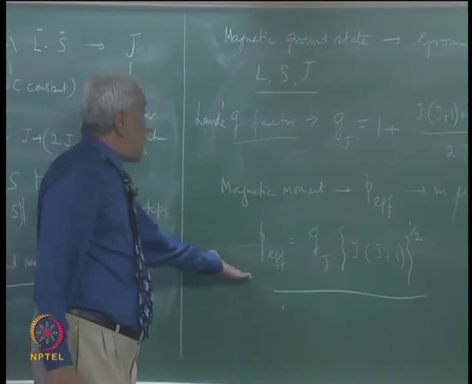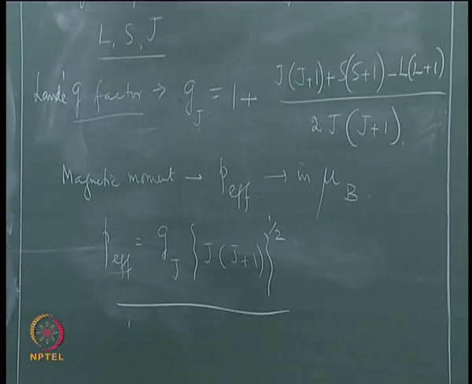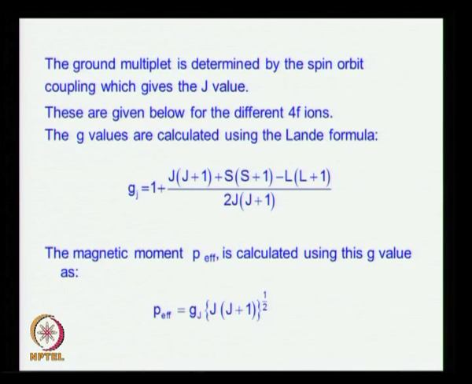So, this gives the magnetic moment in units of the Bohr magneton. This is the procedure which we will adopt in the case of all the 14 rare earth ions belonging to the progressive filling up of the 4f shell.